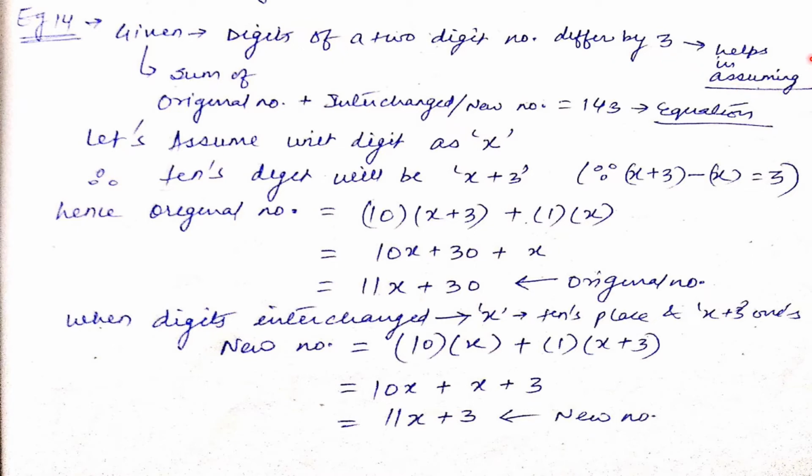This will help us in the assumption part, because whatever we assume one digit to be, the second will be 3 more than that. The second statement in the question is that the sum of the original number and the interchanged one is 143. This will help us to form the equation.